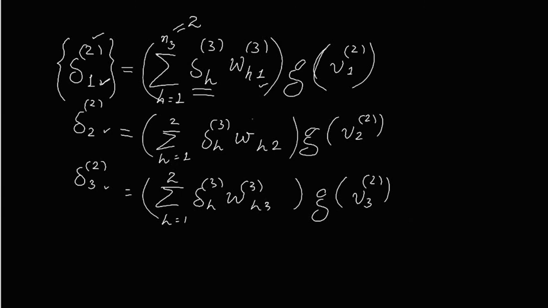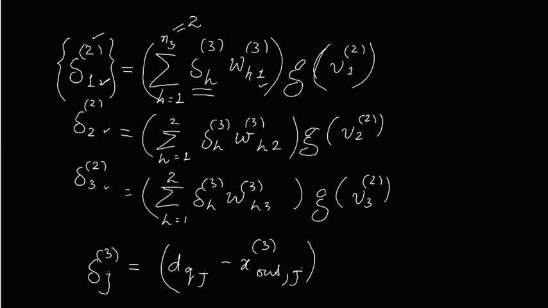These weights we of course have, and this delta H3 we can evaluate because this uses the first formula, which says that delta J3, because it is the output layer now, is D J minus X out J3 of the third layer, into G of VJ3.